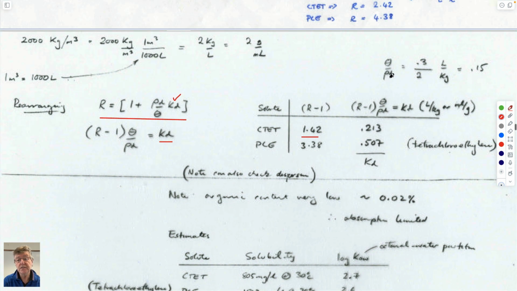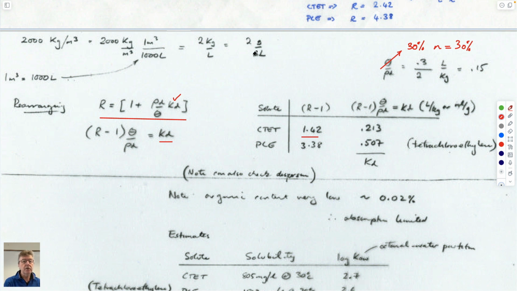This is multiplied by these terms. This would typically, and actually for this particular site, be 30%. It's saturated, so n is equal to 30%, but it's a decimal in this case. It has to be a decimal. Bulk density for soils or rocks is something like 2,000 kilograms per cubic meter.